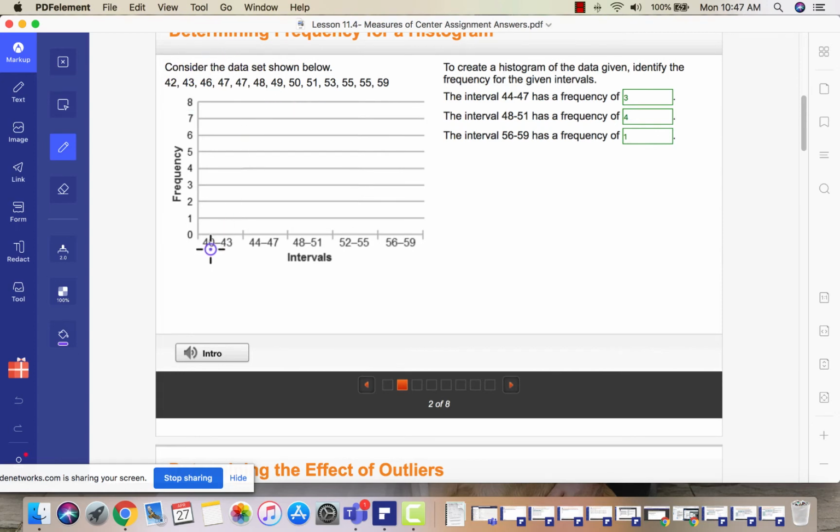Between 40 and 43, we have 1, 2, so this will go up to 2. Between 44 and 47, we have 1, 2, 3.